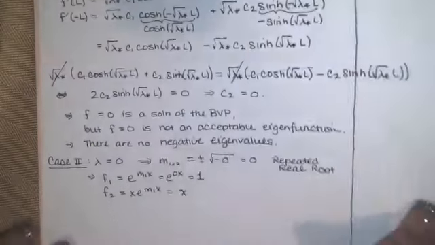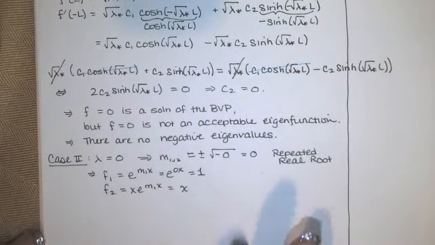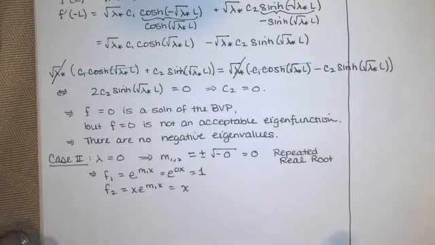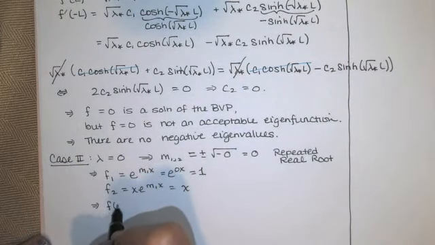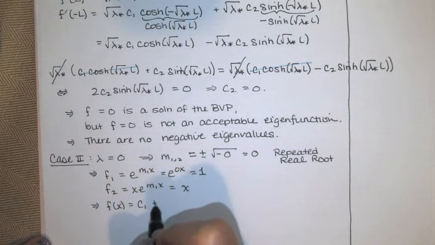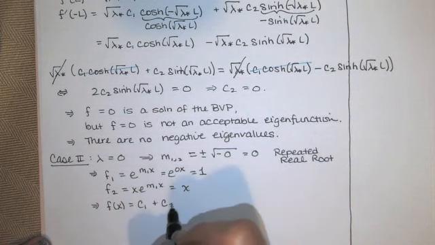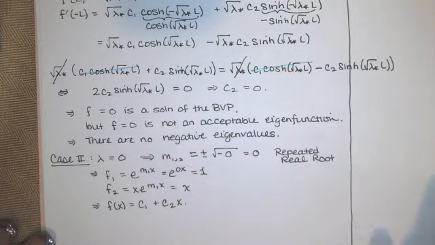Again, this is content from the ordinary differential equations class. If you want more background on that, check out those videos. We've got these two linearly independent solutions. So that means your general solution is c1 times 1 plus c2 times x.